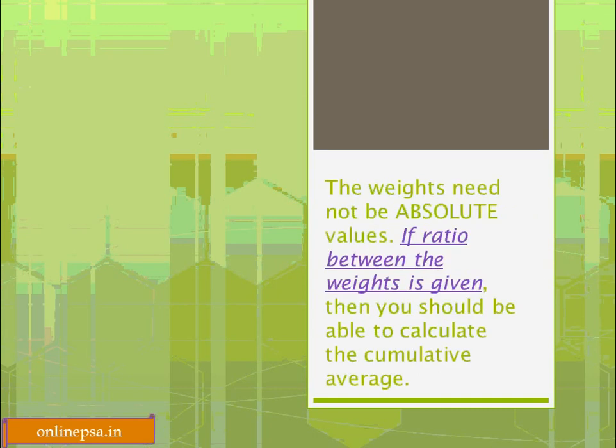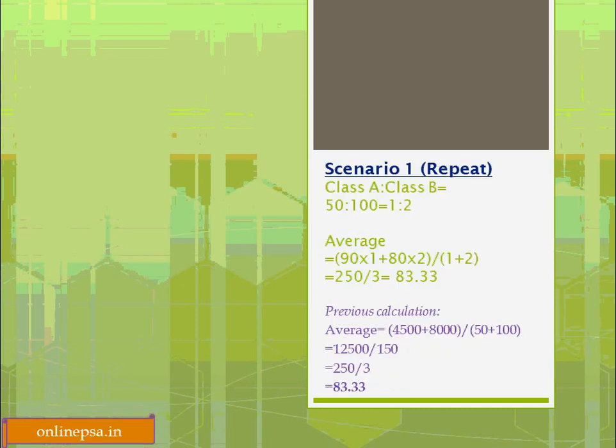But there is another aspect. If the weights are not given in the form of absolute values but as a ratio, even then we should be able to calculate the cumulative average. Let us see how. Let us repeat the first scenario where we had assumed 50 and 100 as the number of students of class A and B. Rather than taking the absolute values 50 and 100, we take 1:2 as the ratio.